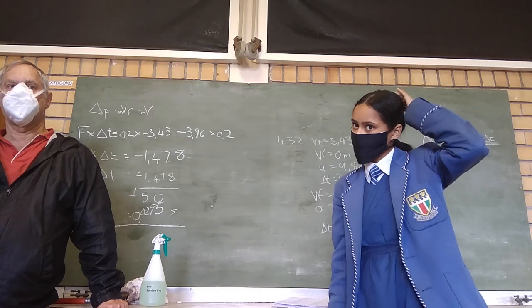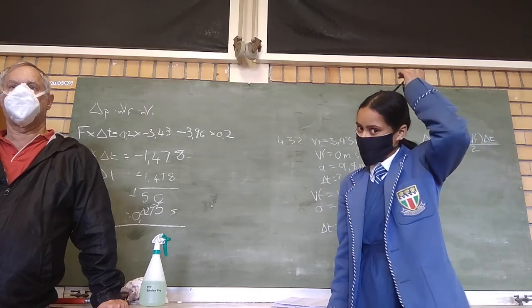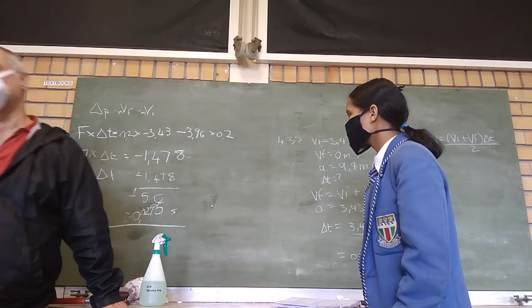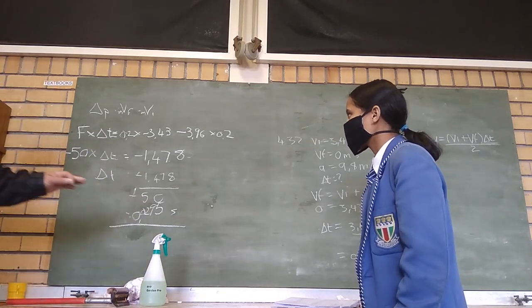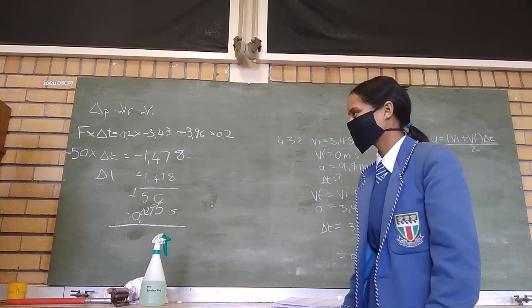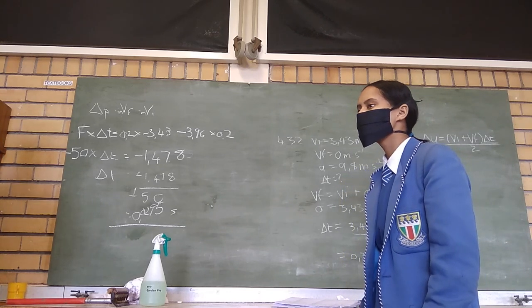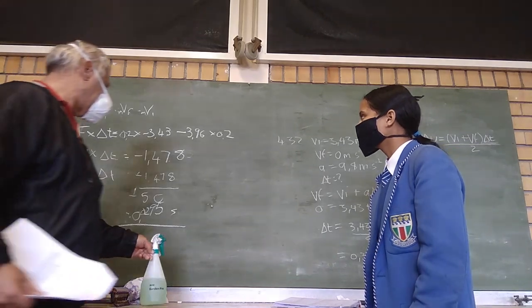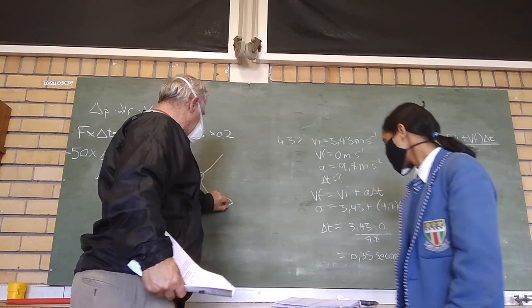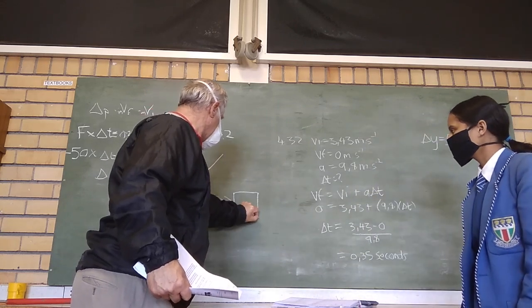You've got to use momentum when you have a collision with something. I'll give you another example of a common problem like this. A ball swings down, it's got a certain velocity and it hits a block. You have to use momentum. Say its height was 1 meter and it's 1 kilogram.